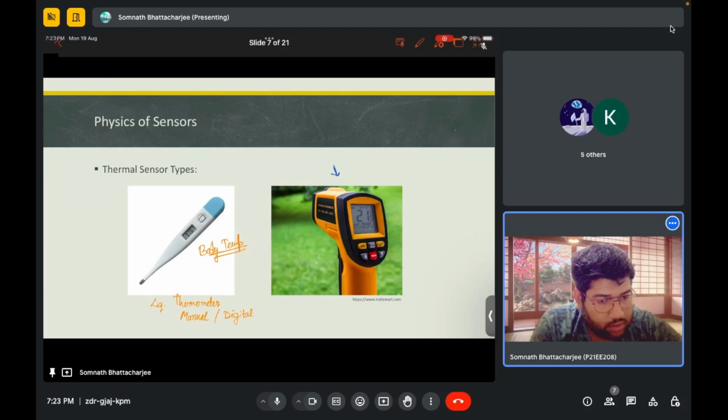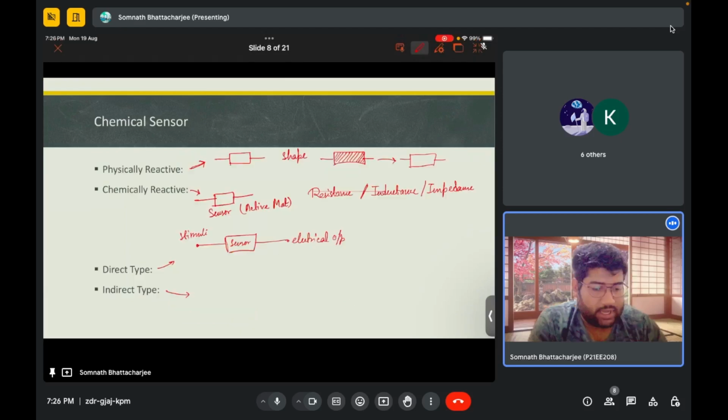Other than that, there are direct and indirect sensors. In the case of a direct sensor, the stimulus is directly captured by the sensor itself, and there is an electrical output. But in indirect sensing, there is a stimulus, maybe a change in chemical or in gas, and the sensor gives an output such as an optical change.